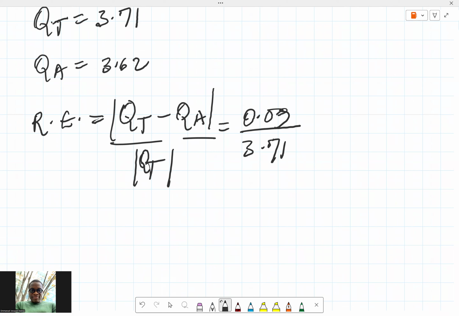So we are getting that as a proportion of what we had previously. The relative error is 0.09 divided by 3.71.